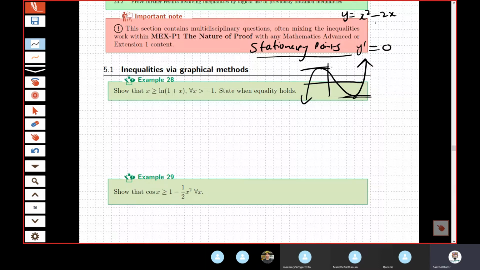To find the stationary point of this, all I've got to do is take y dash, make it equal to 0, solve, and I get that occurs at x equals 1. Then of course you can sub it back in, 1 take away 2, y equals -1. And that's what you used to call the vertex. So for those who find this easier now, you can do that and forget about vertex altogether. You don't even need to use axial symmetry. It's a more powerful technique.